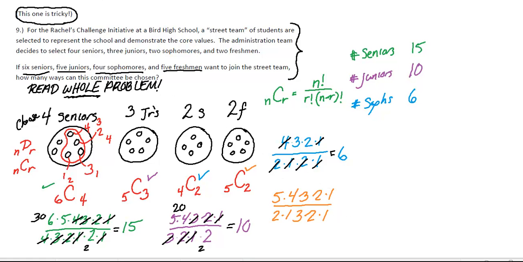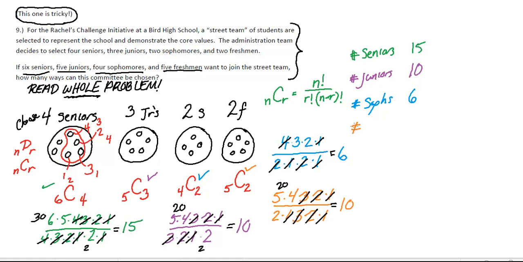Alright, and then I do my canceling, 1s, they go away. The 2s go away, the 3s go away. So now I've got 5 times 4, which is 20, divided by 2. Well, that comes out to be 10.